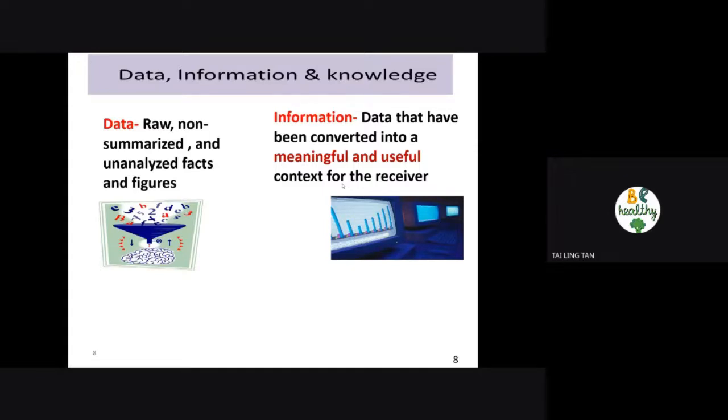This information will later be used for decision making, such as whether I should continue visiting Tesco, or maybe I can go to Econsave. Okay, so this is an example. After we process all the data, based on the information, we make the decision: whether Tesco or Lotus is cheaper than Econsave.